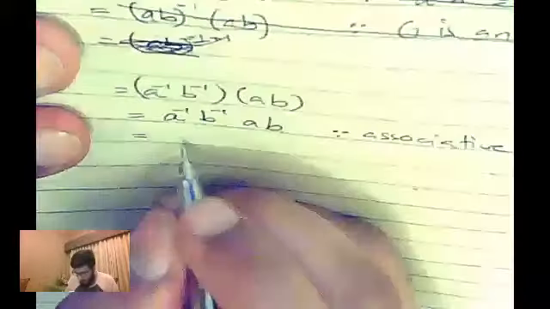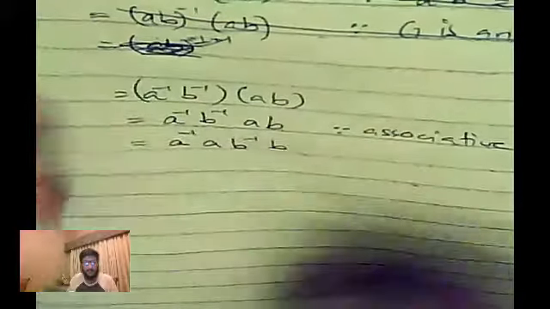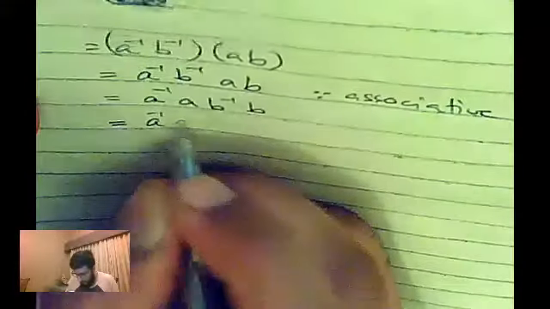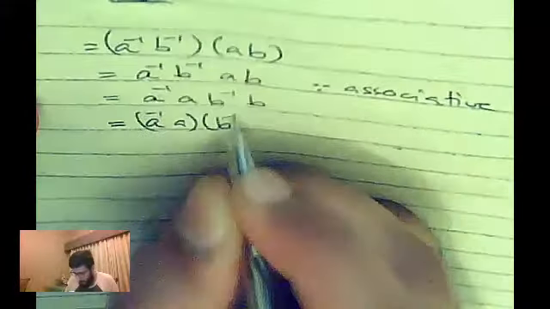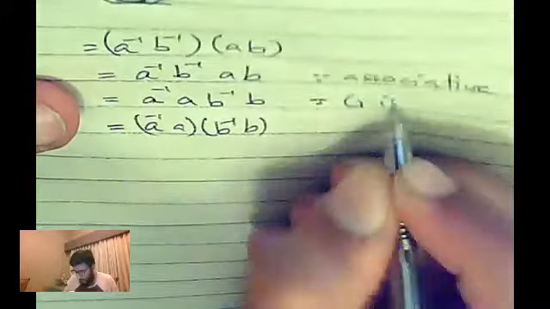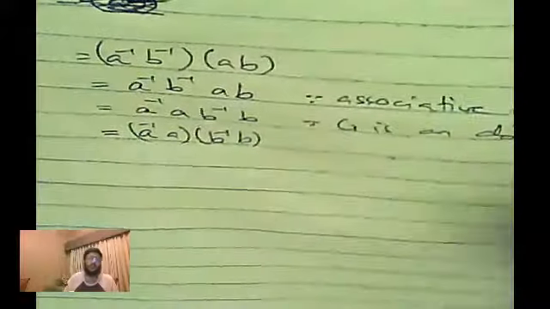And we can write this as A inverse A, B inverse B, right? The reason for the above step is G is an abelian group. So commutative property holds.